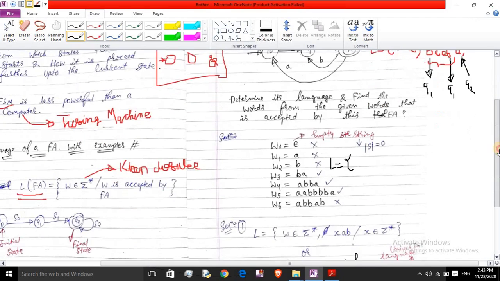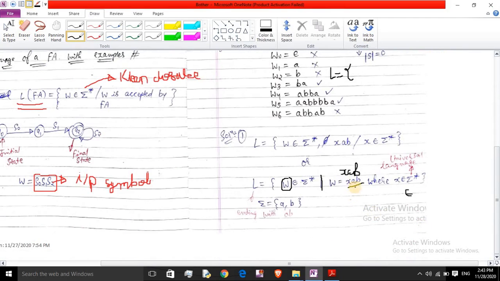Okay. Just let me erase here. I wrote it by mistake. Now this will be X and BA. Every string ending with BA is accepted by this language.